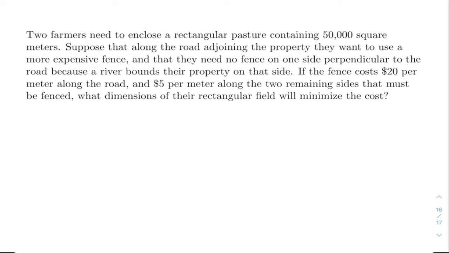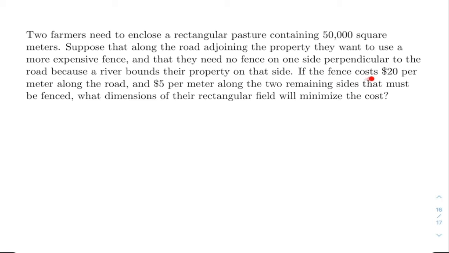Let's solve another problem. So we have that two farmers need to enclose a rectangular pasture containing 50,000 square meters. Suppose that along the road adjoining the property they want to use a more expensive fence, and that they need no fence on one side perpendicular to the road because there's a river that bounds the property on that side.